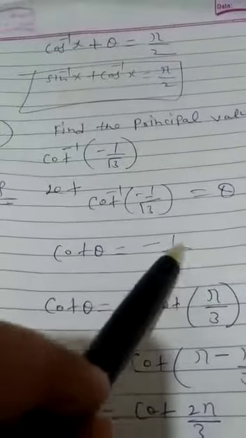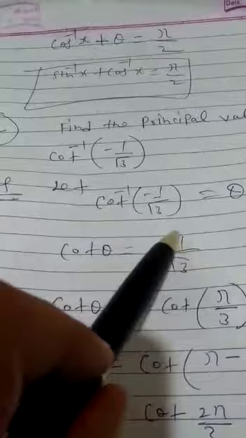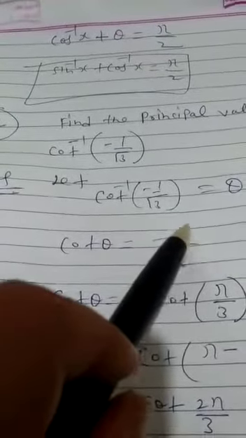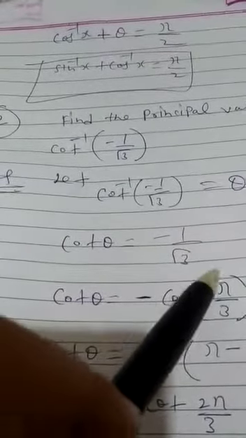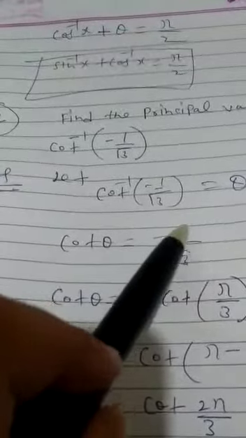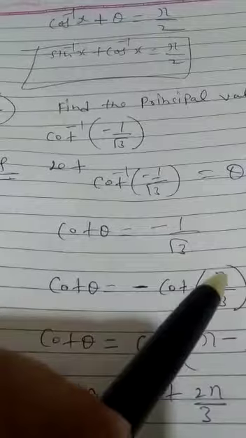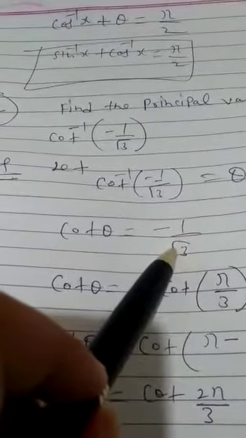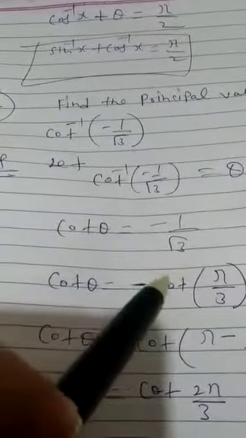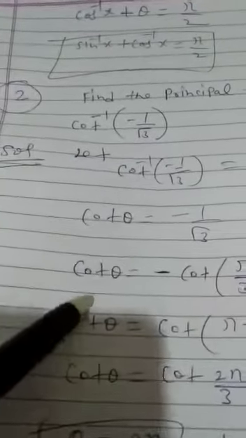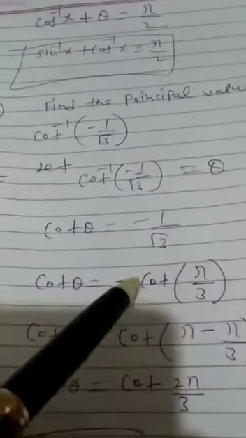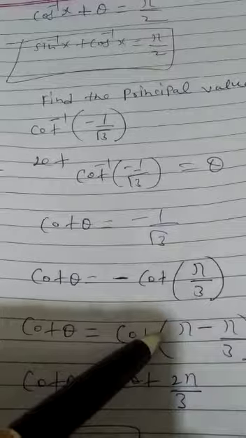Cot of 1 by root 3: tan 30 has the value 1 by root 3, and cot 60 has the value 1 by root 3. Now convert to radians: 60 times pi by 180 means pi by 3. So minus cot pi upon 3 is cot theta, and minus cot theta can be written as cot of (pi minus pi by 3).